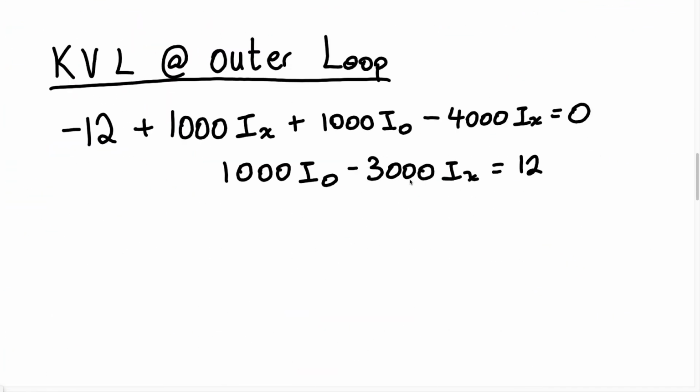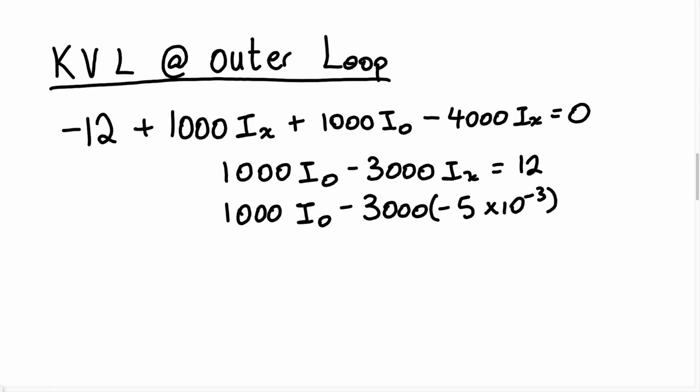So we're just going to put in negative 5 milliamps into this term right here. We're going to have 1000 IO, IO is what we're trying to find, minus 3000. We know Ix is negative 5 milliamps. So I'm going to say negative 5 times 10 to the negative 3, and that equals 12.